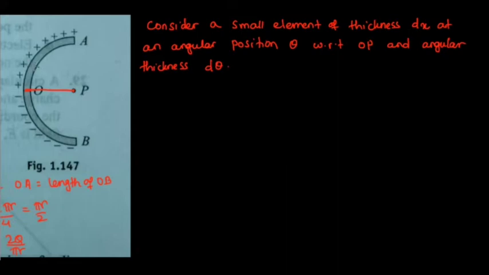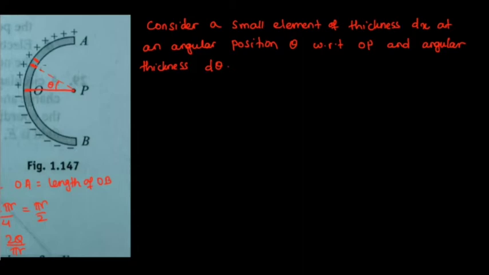I'll choose an element here. This is the element. It has some thickness, dx, and the angular position of this very small element with respect to the line OP is theta. If I join this line, this angle will be theta, and the angular thickness is d theta.